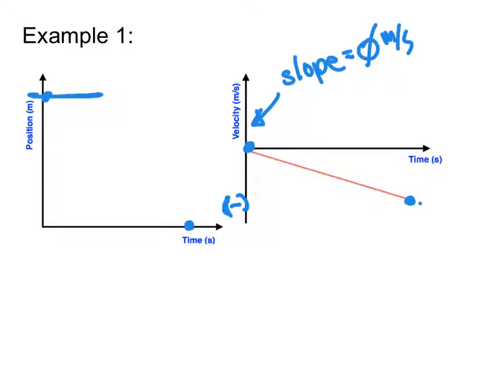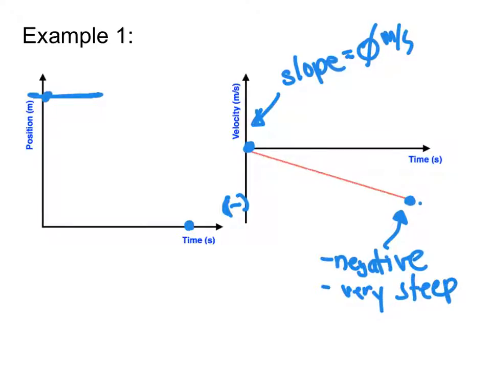And we also have a clue that our next tangent line has to be negative and very steep. Negative and very steep for me looks like this at that point in time.